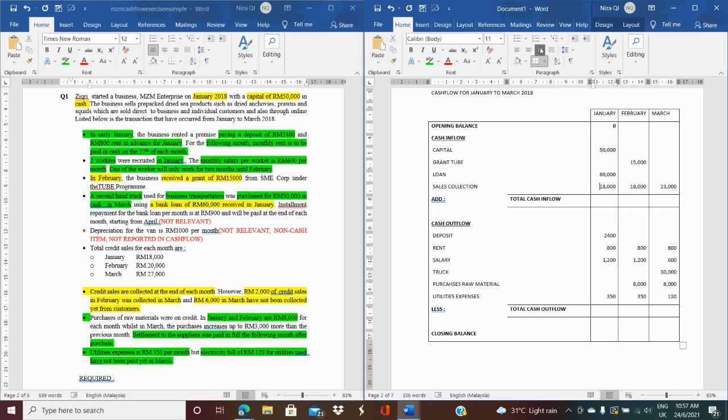We start with calculating the inflows first. The cash inflows: 50,000 plus 60,000 is 110,000, and then add 18,000.